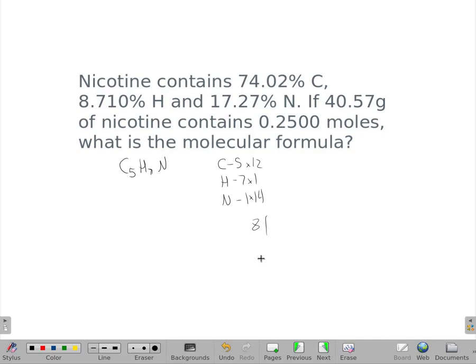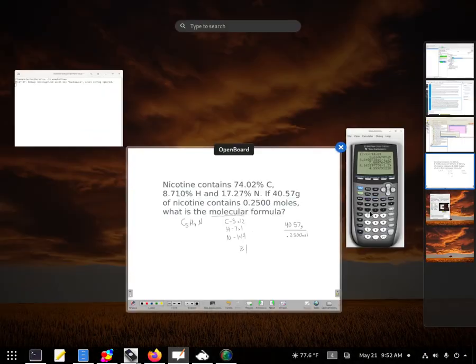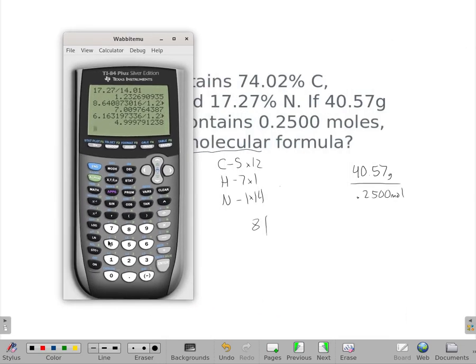All right, but I need to know how much the actual molecule weighs. Does it weigh 81 AMUs? Well, we need the molecular weight. And technically, I give you enough of this. So if we know that 40.57 grams of nicotine is 0.25 moles, we have a ratio between the grams to the moles. Well, ratio between grams to moles, that is the molecular weight. So the molecular weight of nicotine is actually 40.57 divided by 0.25. 162.2.